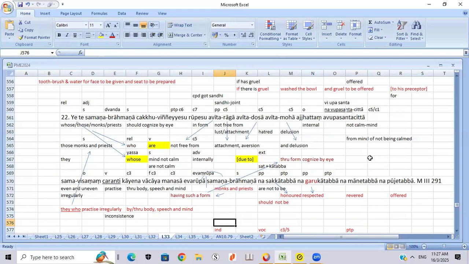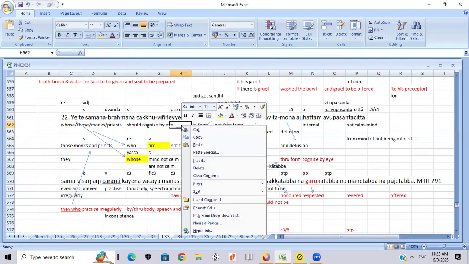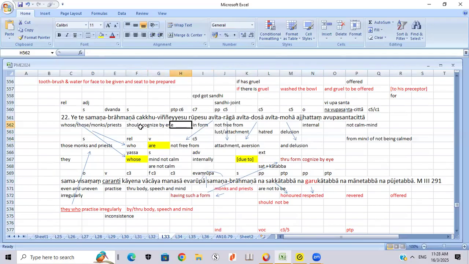Which one later? The top one, the top line. Chakkhu. This one. Okay. This part also correct. This part is chakkhuvinneyyesu rupesu. Okay. So the word here is chakkhu, this is a compound.